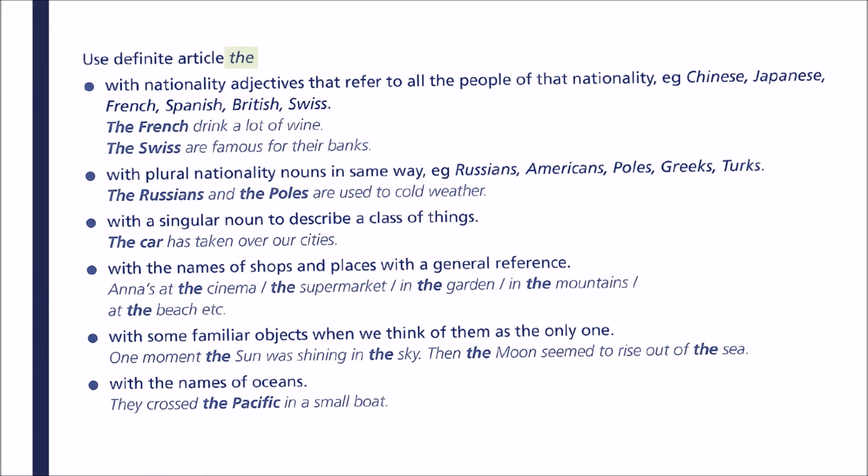For the definite article the, we are still just being specific whenever we use it. For example, being specific about which group of people we are talking about in terms of nationality. We would say the French, the Swiss, to refer to all people of that nationality. When we want to describe a certain class of things, a certain group of things, again it's specific, we use the.